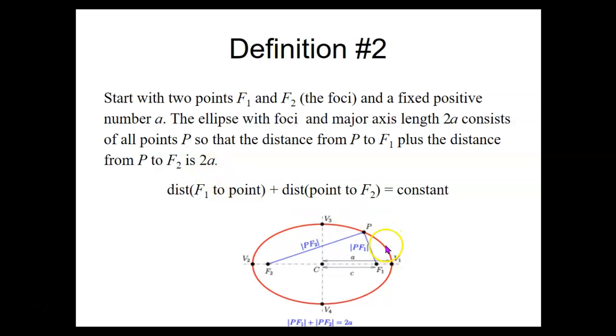In other words, by this definition, what all points on the ellipse have in common is that the sum of their distances to the two foci is a constant.